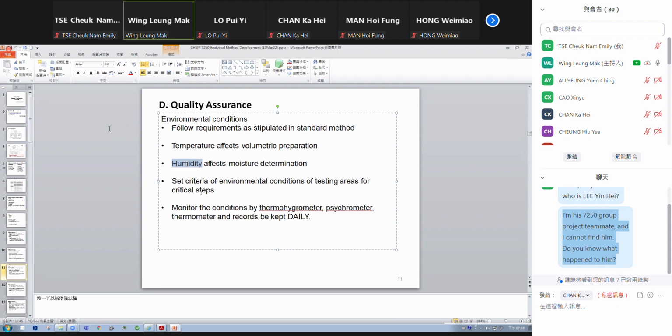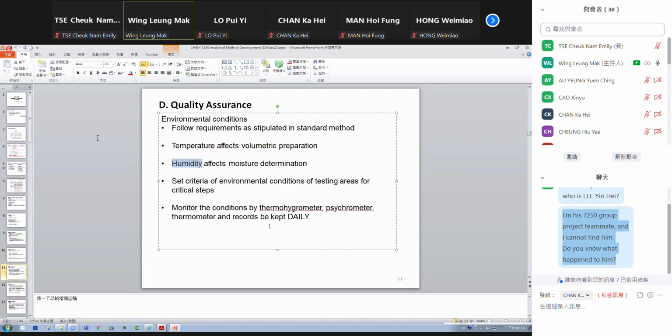We also need to monitor the conditions, using continuous thermo-hygrometers and thermometers to record and keep a daily record. For example, you use the refrigerator to keep your samples, such as frozen food.